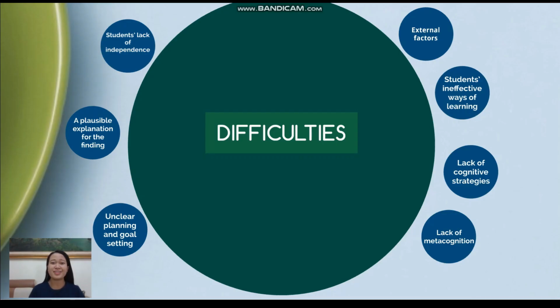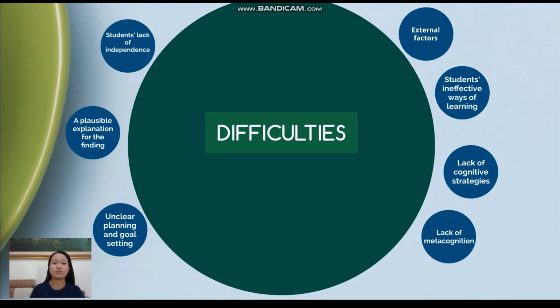In this slide, I will discuss the difficulties in self-regulated learning based on Sudan and Nakata 2012. The first one is that the students are easily influenced by external factors such as teaching methods, teachers, and test scores, either in a positive or negative way.